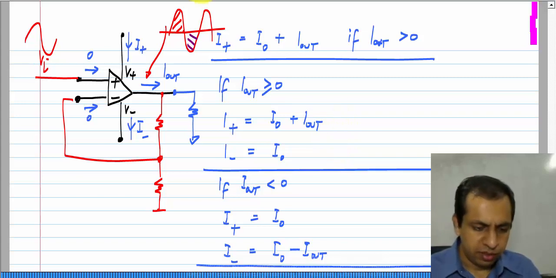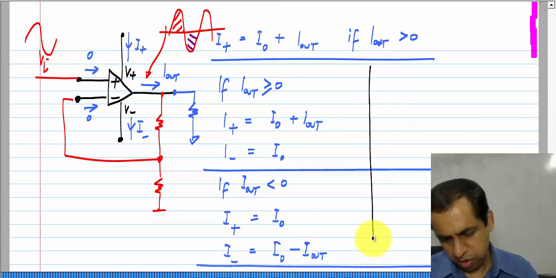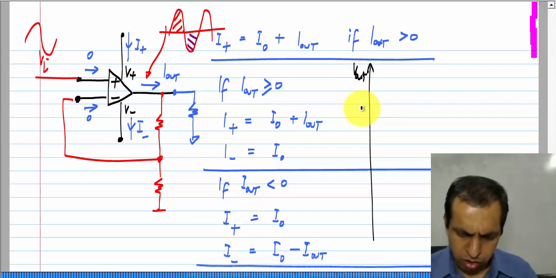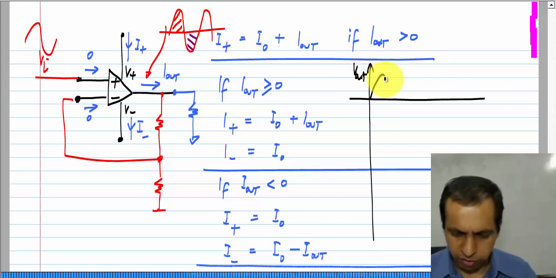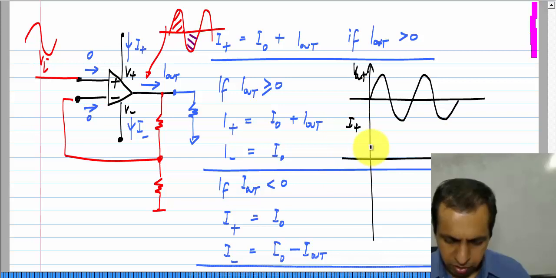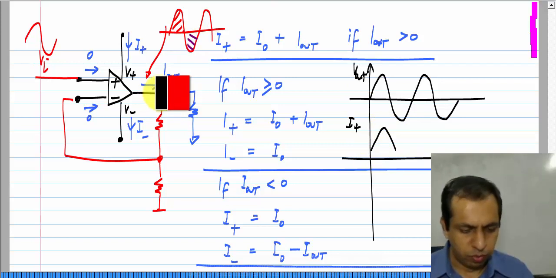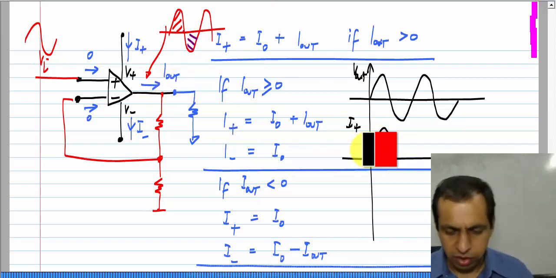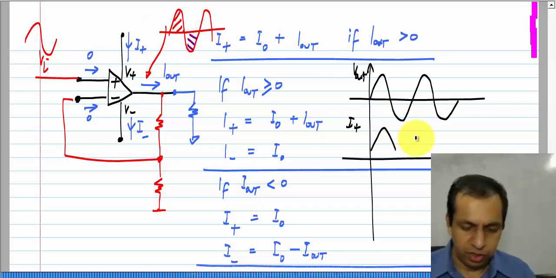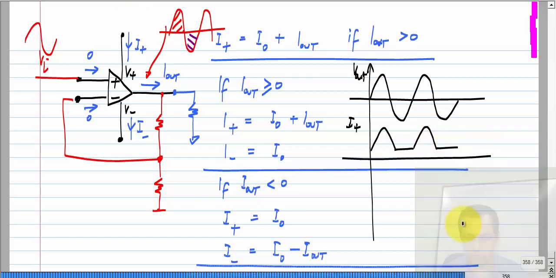So, what happens is that in such a case, let us say V out swings positive and negative and positive and negative, then I plus will be following the sinusoidal current. Okay. Because the voltage is sinusoidal, the current is also sinusoidal. I plus will be following this current, and when the output current is negative, it will just be the fixed value I naught and then it will follow this and so on.